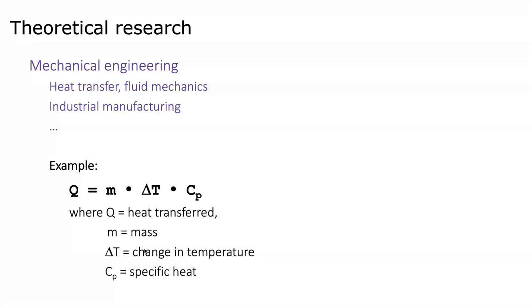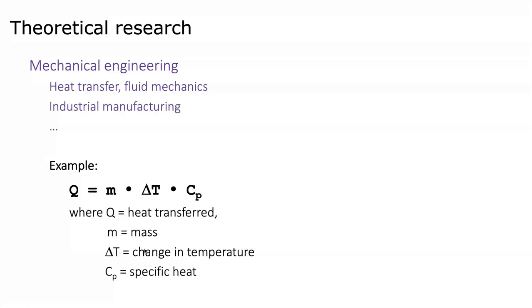For example, in the heat transfer course, you would learn that the amount of heat transfer from one body to another body, one bodily object to another, can be calculated by a multiplication of mass, changes in temperature, and so-called specific heat, which is related to the material itself.